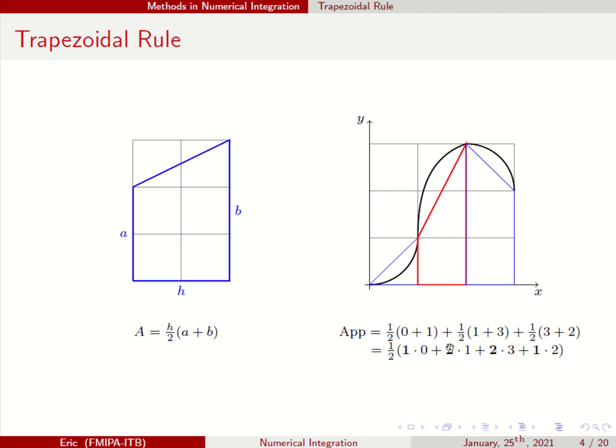Why do I have 2? Because when we are calculating this area plus this area plus this area, this is counted twice. So 2 times the height at this one plus 2 times the height of this. So this is the value of f at x.